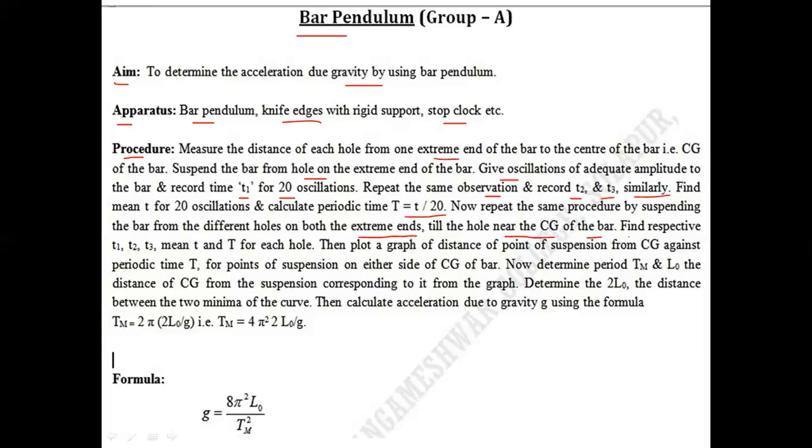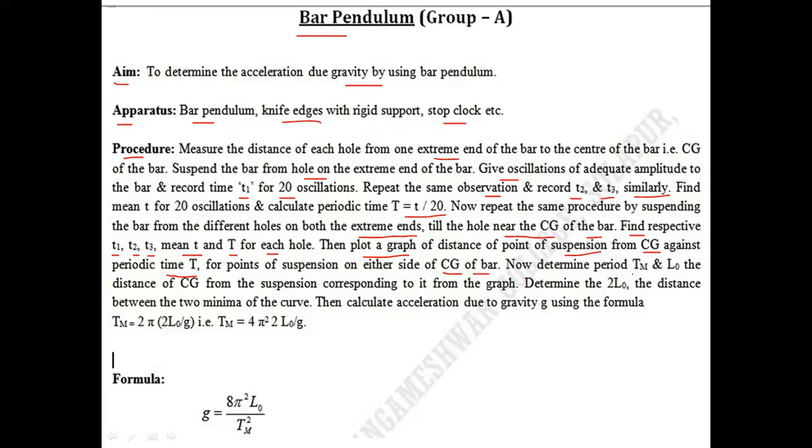Now find the respective t1, t2, t3 and mean small t and capital T for each hole. Then plot the graph of distance of point of suspension from CG on the x-axis against periodic time on the y-axis, obviously for points of suspension on either side of the CG of the bar.